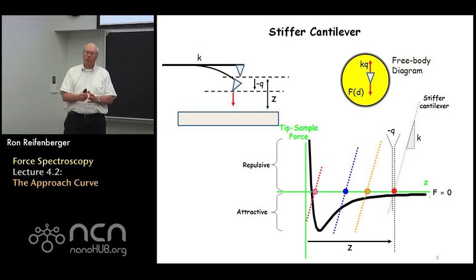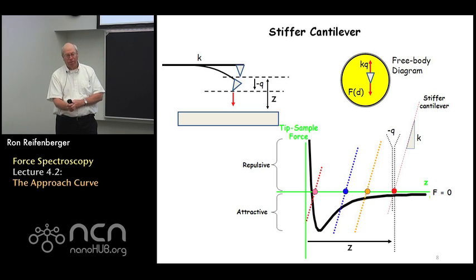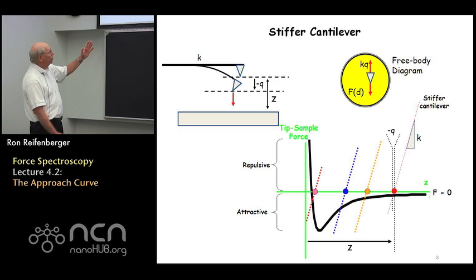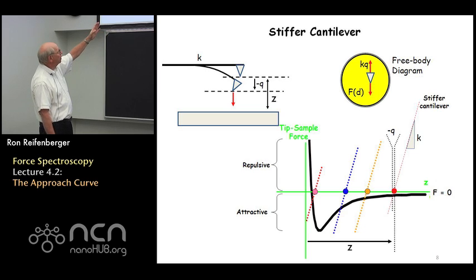How do you avoid this jump to contact feature? Well, the simple answer to that is you have to use a stiffer cantilever, and I try to illustrate that in this particular diagram. So here I've got my tip sample force curve indicated by black. Again, I show that you can control z.